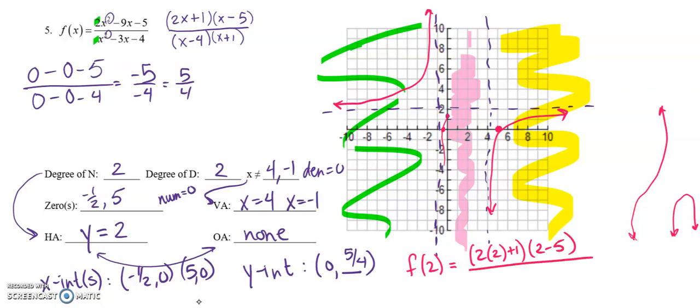So we're going to plug in 2. What do we get? 2 times 2 is 4 plus 1 is 5, times 2 minus 5 is -3, over -2 times 3. That's -15 over -6, which is a positive 5/2.